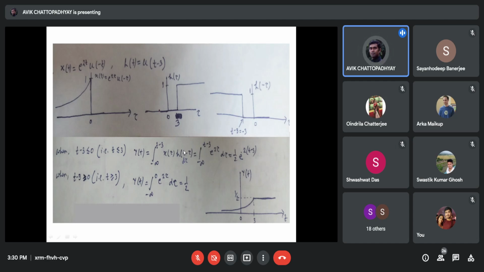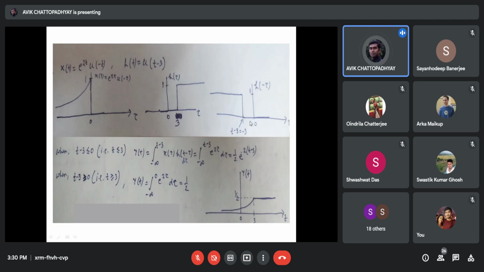Now, if you do the mathematics a bit, it is very simple. This is actually the t minus 3 point, because at t equals 3 it is 0. So this t minus 3 point now comes ultimately to minus 3. That is why it is written t minus 3 equals minus 3.